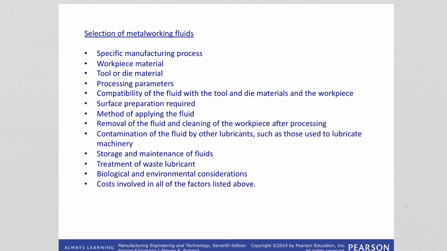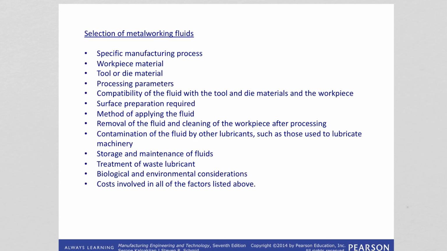So when selecting metalworking fluids for a particular application and workpiece material, you need to consider several factors. First, you need to consider the manufacturing process. It will depend on the process, right? It will depend on the workpiece material. It will depend on the tool or die material.